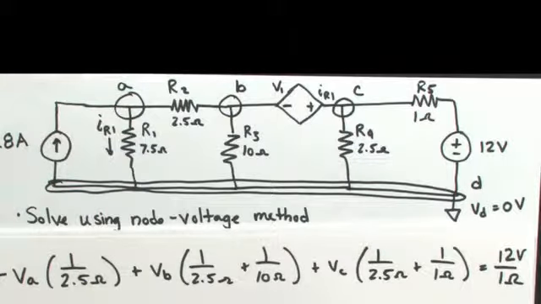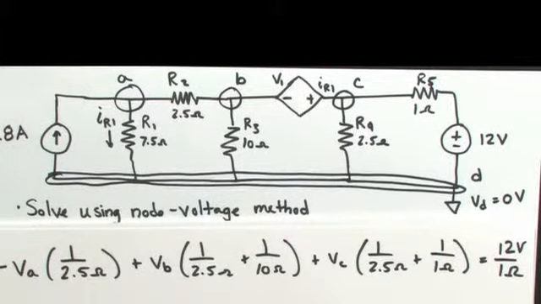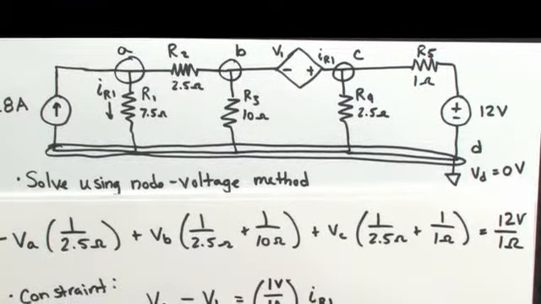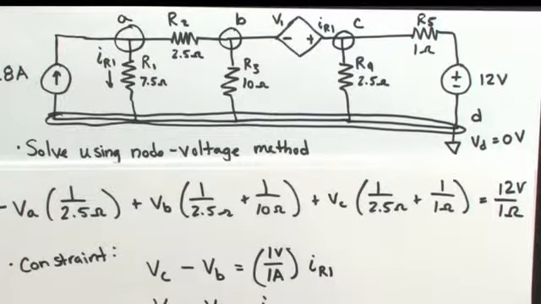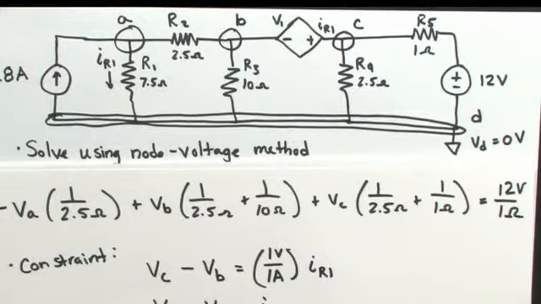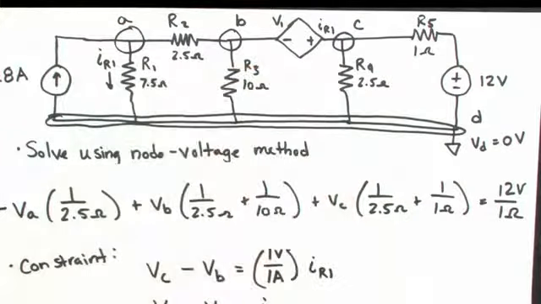Or alternately, we can rearrange this and say that the voltage at node C minus the voltage at node B must be equal to a gain factor of 1 multiplied by the current through resistor 1.